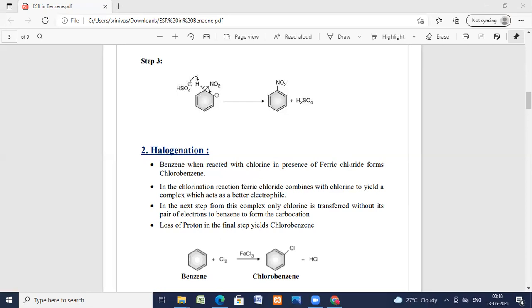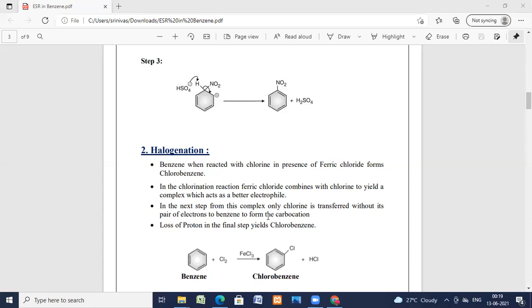Benzene reacts with chlorine in presence of FeCl3 to form chlorobenzene. In chlorination reaction, ferric chloride combines with chlorine to yield a complex which acts as the better electrophile. And the next step is from this complex, only chlorine is transferred without its pair of electrons to benzene to form the carbocation.